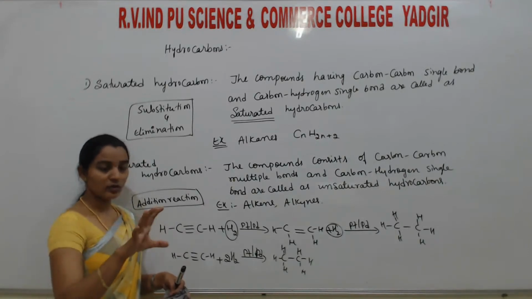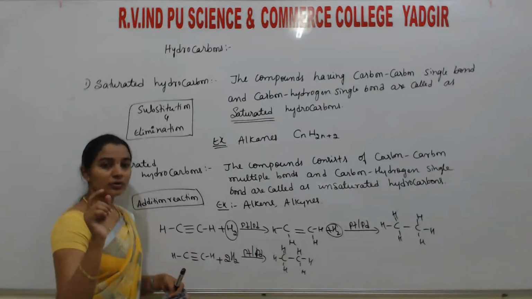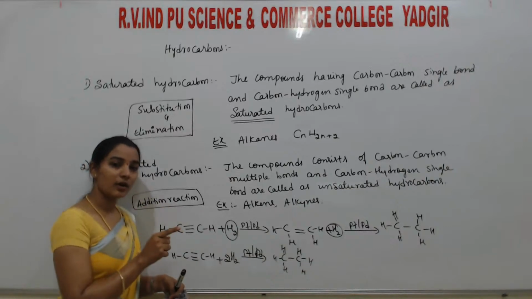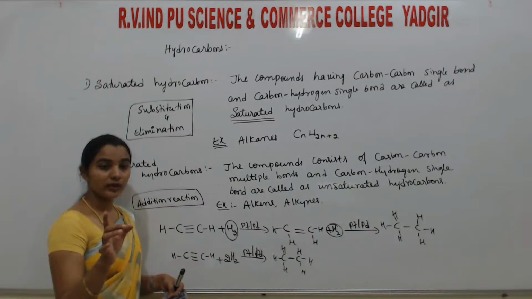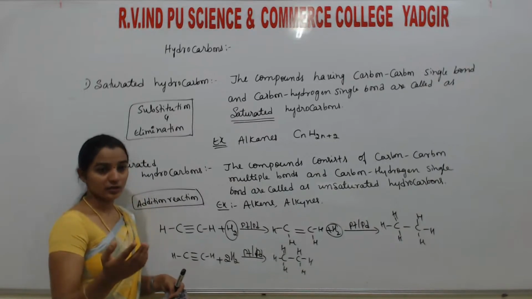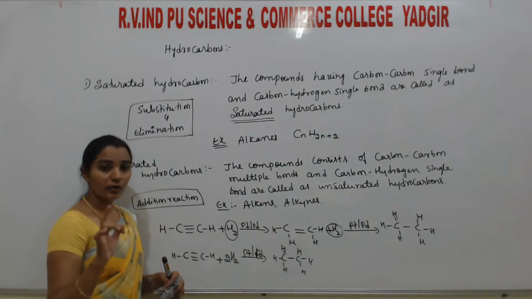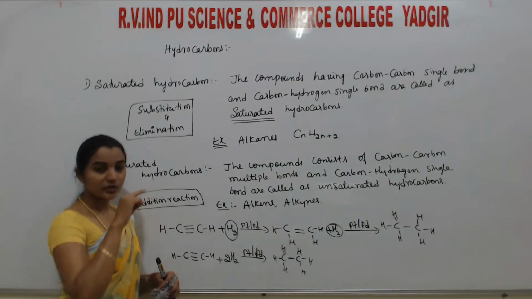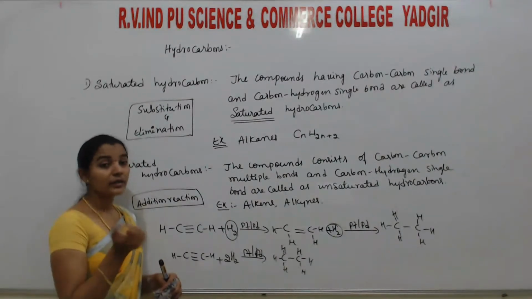If in a laboratory one compound is given to you and they tell you to check whether it is an aliphatic or aromatic compound, or whether it is saturated or unsaturated, students listen: aliphatic and aromatic, saturated or unsaturated compounds are classified by igniting the compounds.